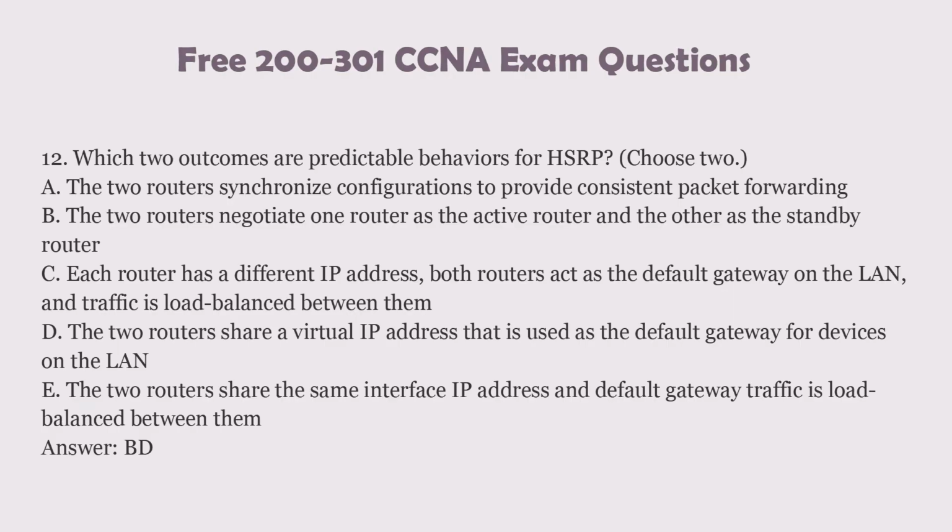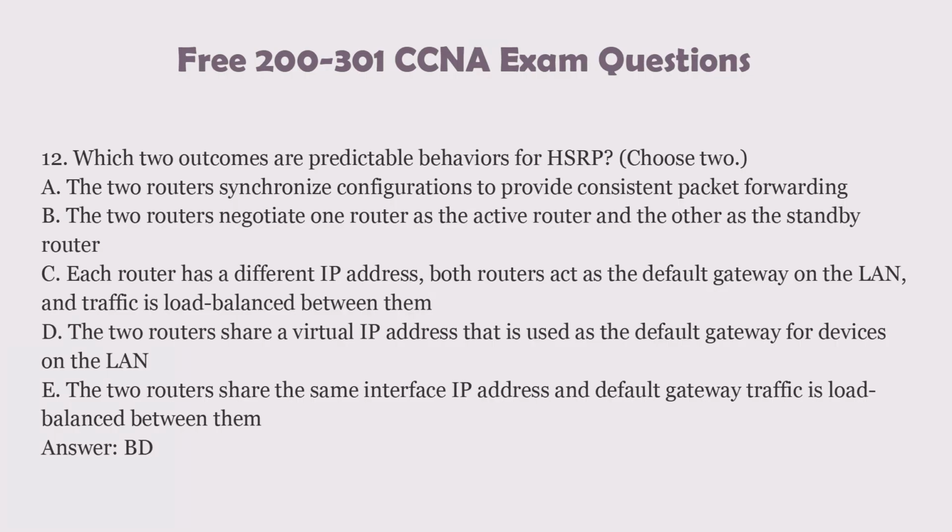12. Which two outcomes are predictable behaviors for HSRP? Choose 2. A. The two routers synchronize configurations to provide consistent packet forwarding. B. The two routers negotiate one router as the active router and the other as the standby router. C. Each router has a different IP address.